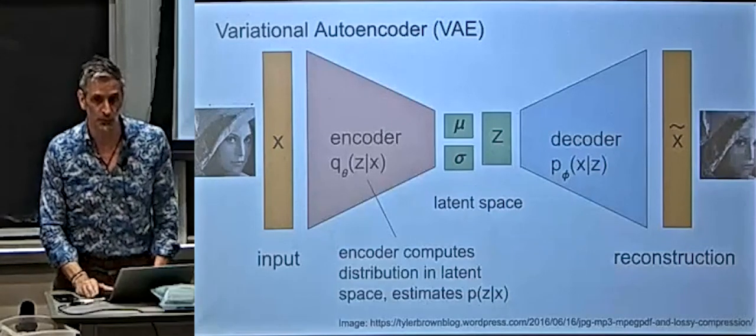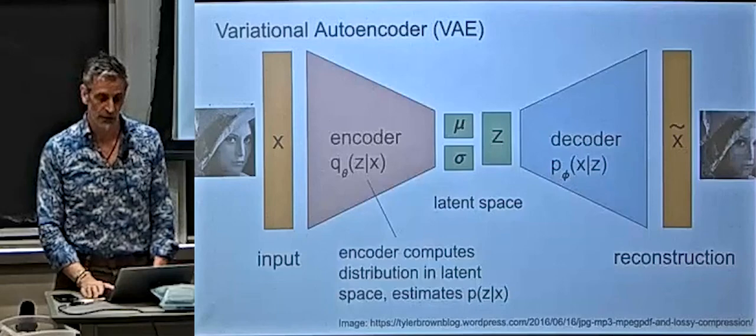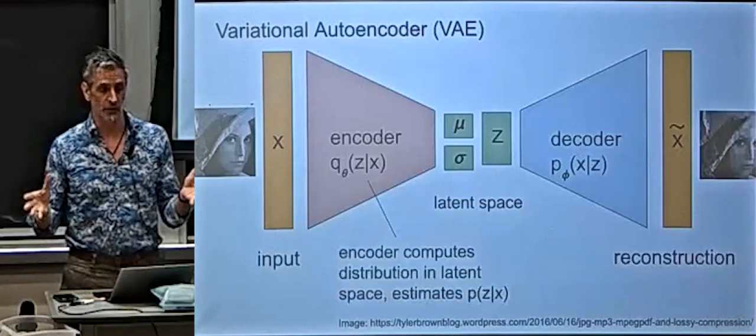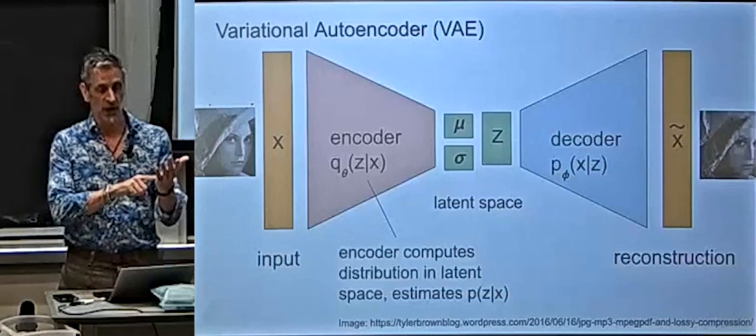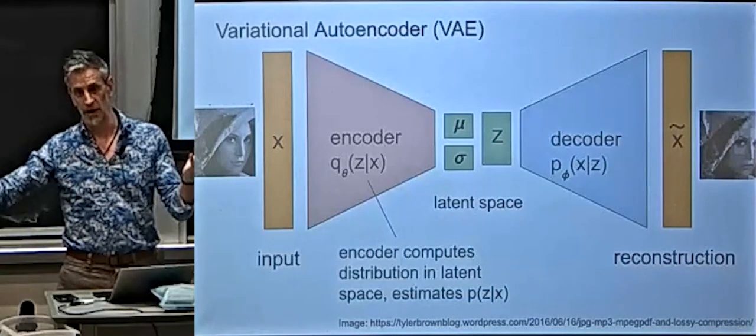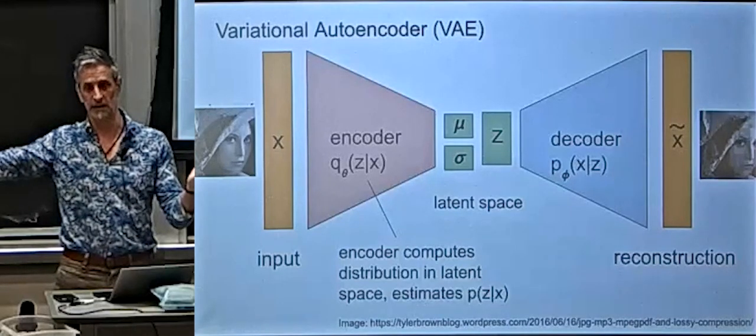This quantity is really difficult to compute. So in general, we can't look at an image, so we're making this autoencoder, we can't look at an image and know exactly what is the latent vector that once we put it through our decoder is going to give us the exact image back.